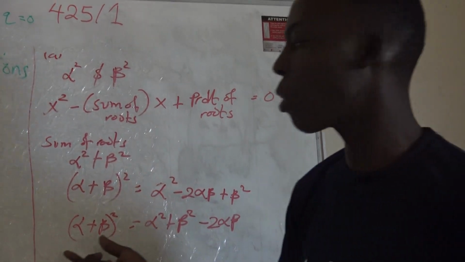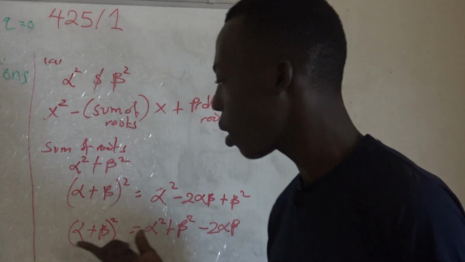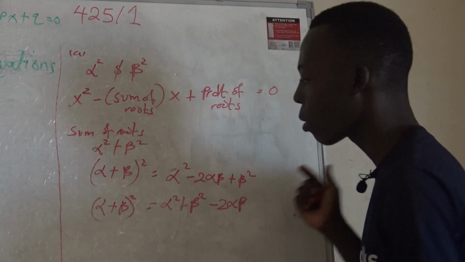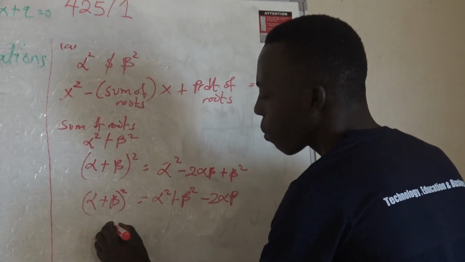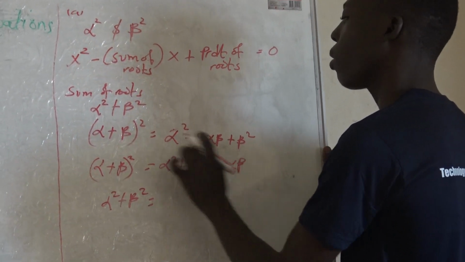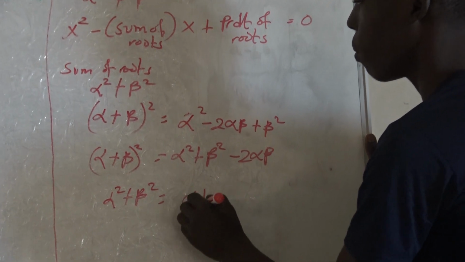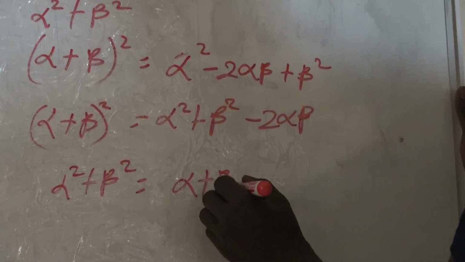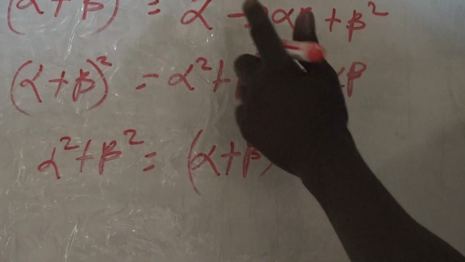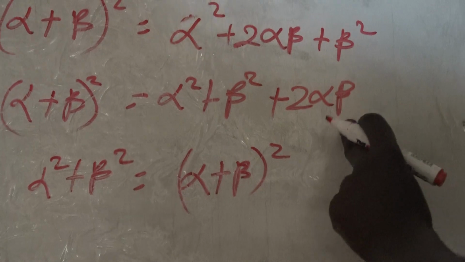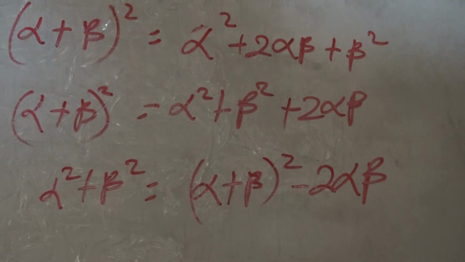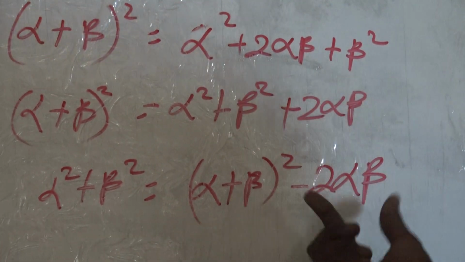Since we need alpha squared plus beta squared, we make it the subject. Alpha squared plus beta squared equals alpha plus beta squared, and we take the plus 2 alpha beta to the other side, where it becomes minus 2 alpha beta.